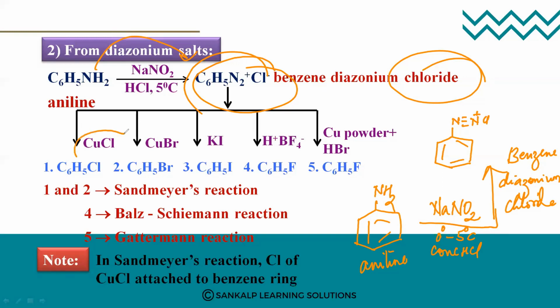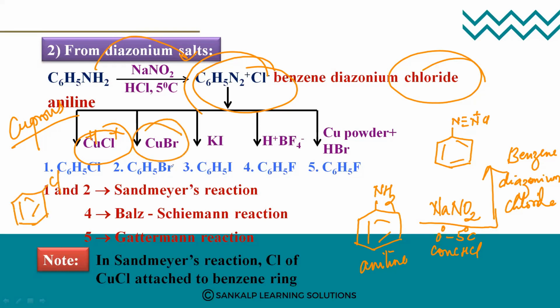If you treat it with CuCl, it is cuprous chloride, not copper chloride, because the copper is in the +1 state. When it is treated with cuprous chloride, you obtain chlorobenzene.